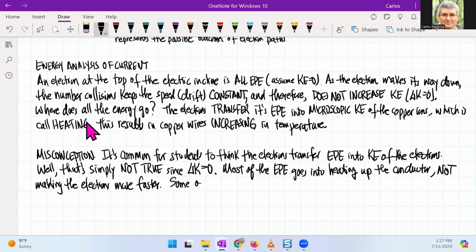Some of this energy goes into other forms. It could go into sound, light, or whatever.